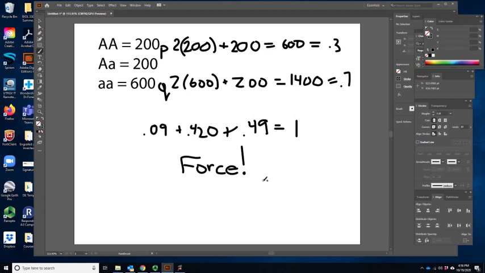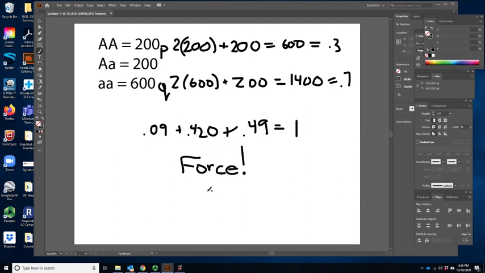It could be non-random mating, right? So natural selection, immigration, non-random mating, or it could be new mutation. New mutation is fairly random. We don't usually see the same mutations popping up generation after generation. So most commonly we're going to say natural selection, non-random mating, or some sort of immigration force. Okay, those are going to be the 3 most common ones.